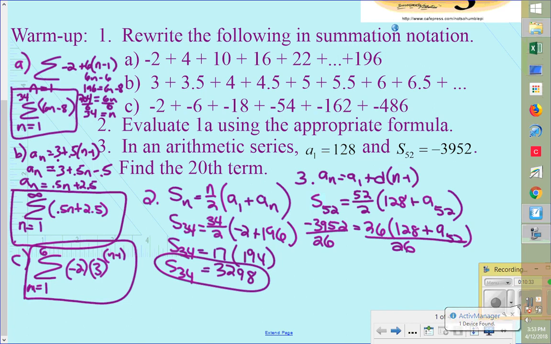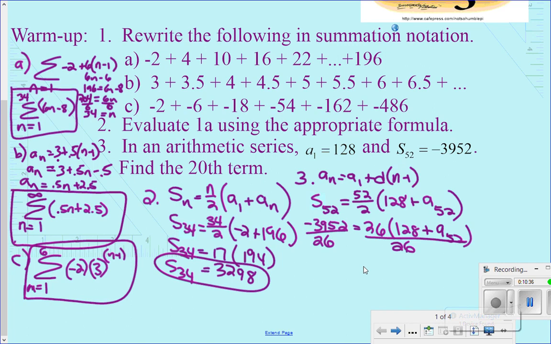Okay, so when I divide by 26, I'm getting 128 plus a sub 52 is equal to negative... actually, I don't know what that is. I don't have a calculator handy, so you'll have to figure out what that is. I'm just going to leave it as negative 3,952 divided by 26. So next, I'm going to subtract 128. And when I do that, I'm getting a sub 52, which is, I do have that, negative 152.